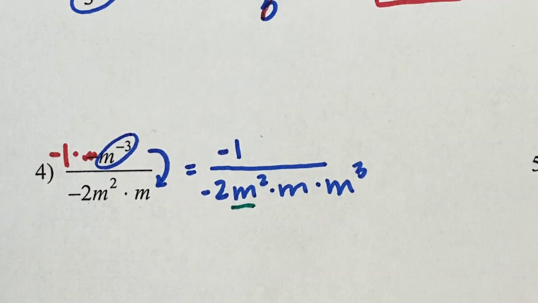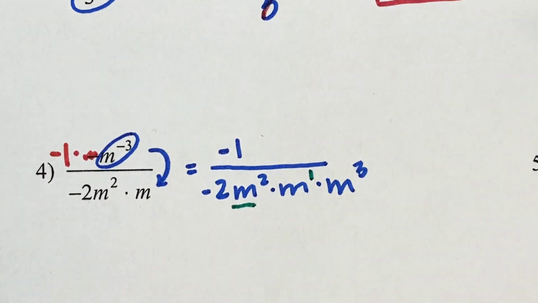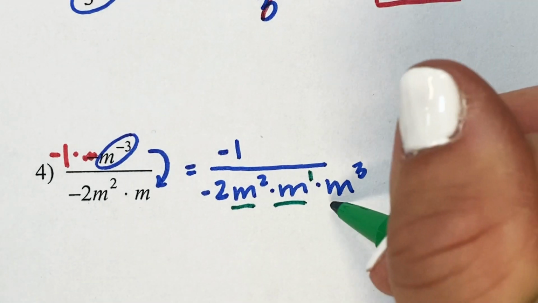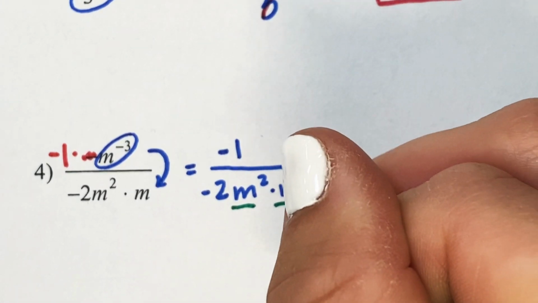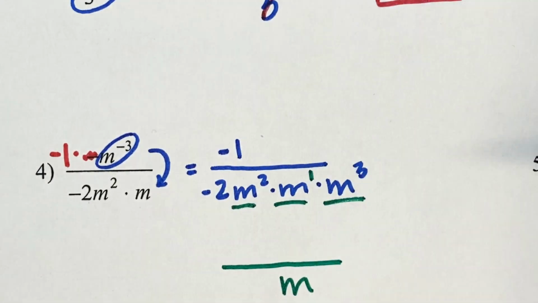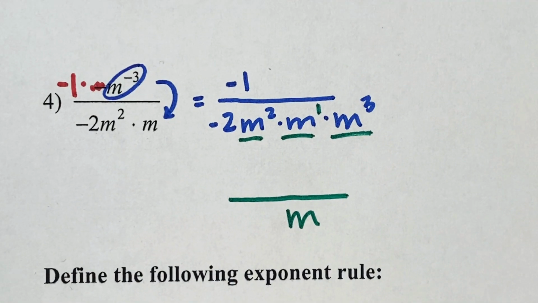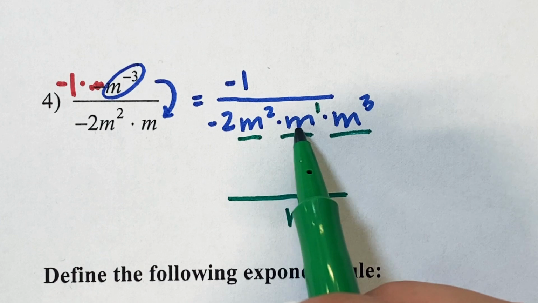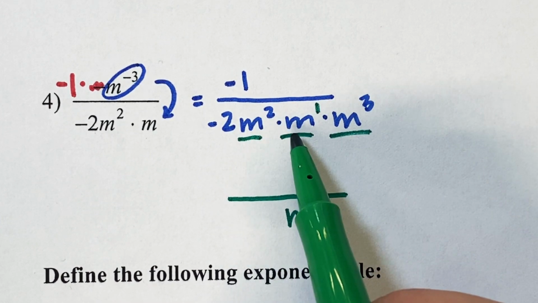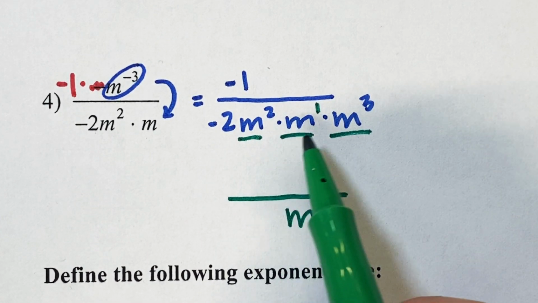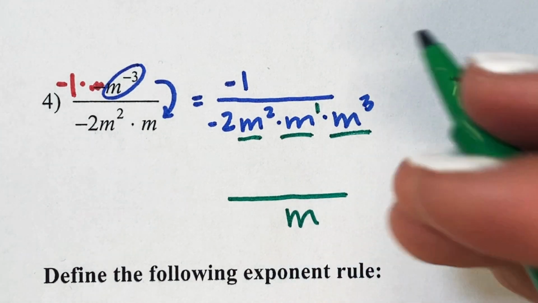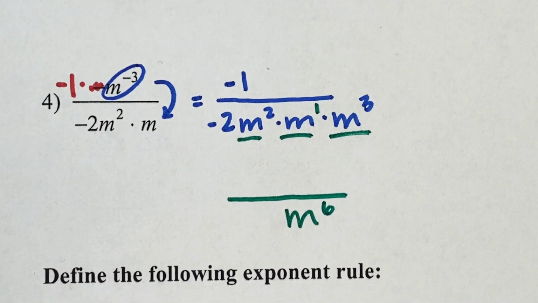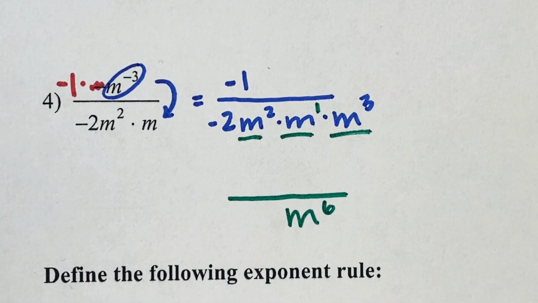There's 2 m's right there, 1 m right there, and another 3 m's right there. How many m's am I going to have left on bottom? 2 plus 1 is 3, 3 plus another 3 is 6. You got it. So I have m to the 6 on bottom.